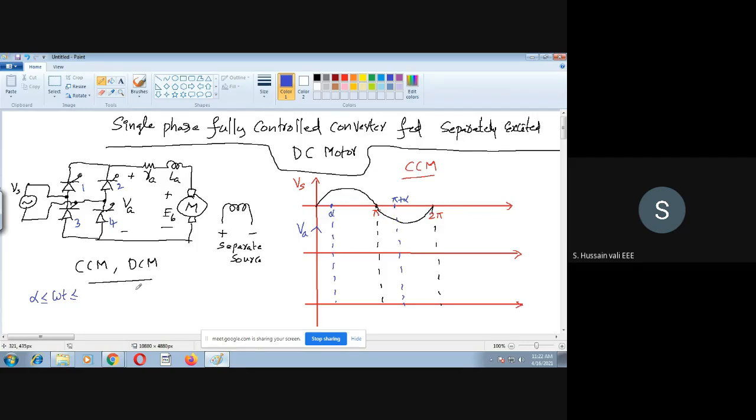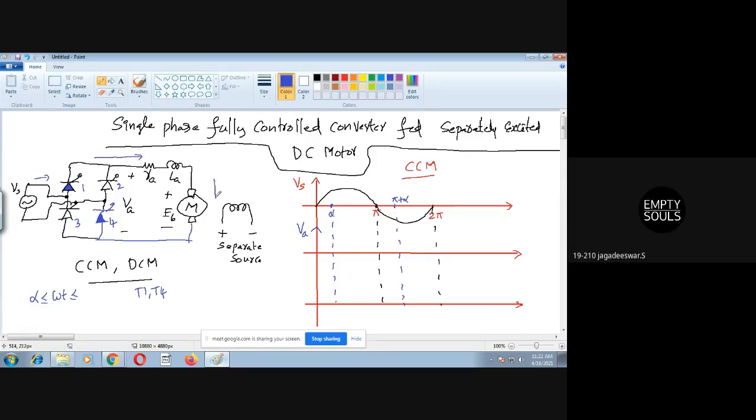At this time you trigger T1 and T4. When you trigger T1 and T4, the closed path is through the supply, thyristor T1 and thyristor T4, which will be on, and so the closed path will be something like this.